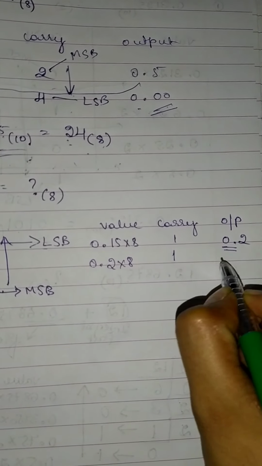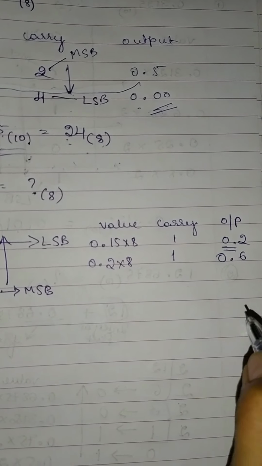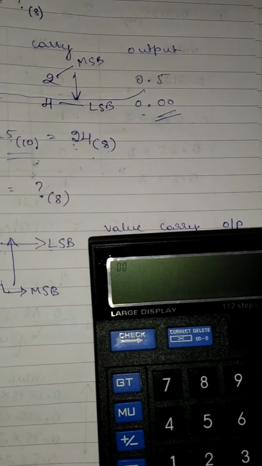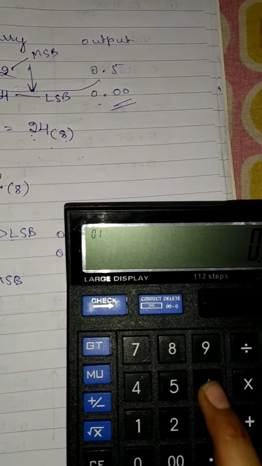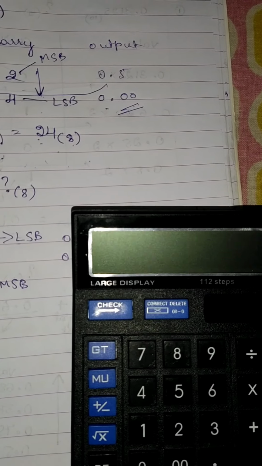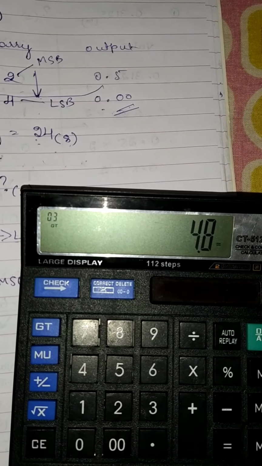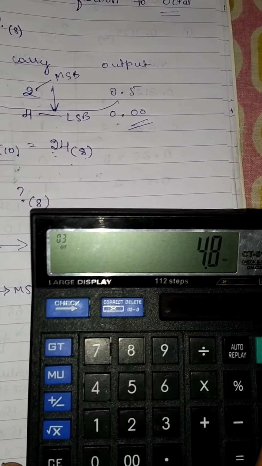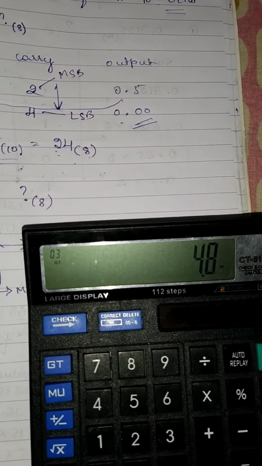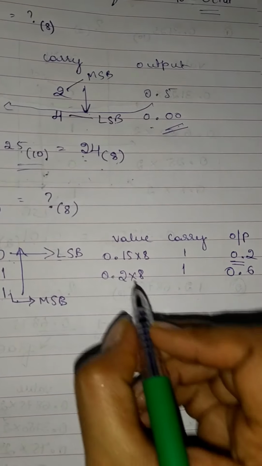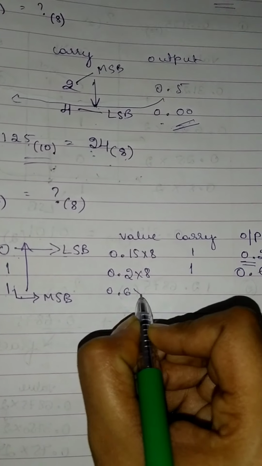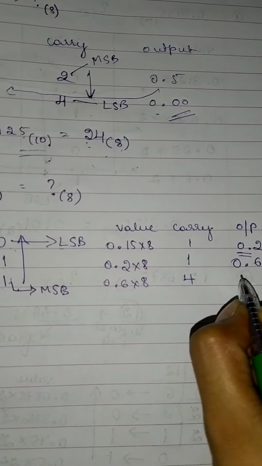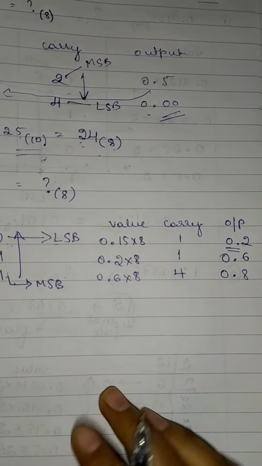Then 1 will be the carry and 0.6 is the output. Again we multiply 0.6 into 8. What is the output? 4.8. So 4 will be the carry and 0.8 will be the output.